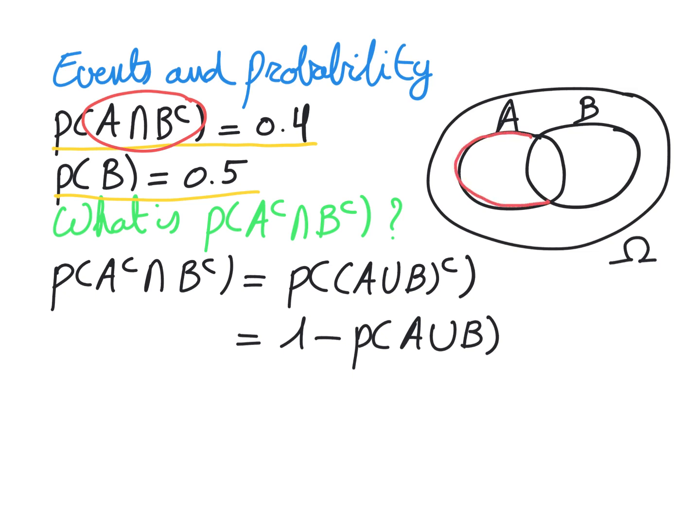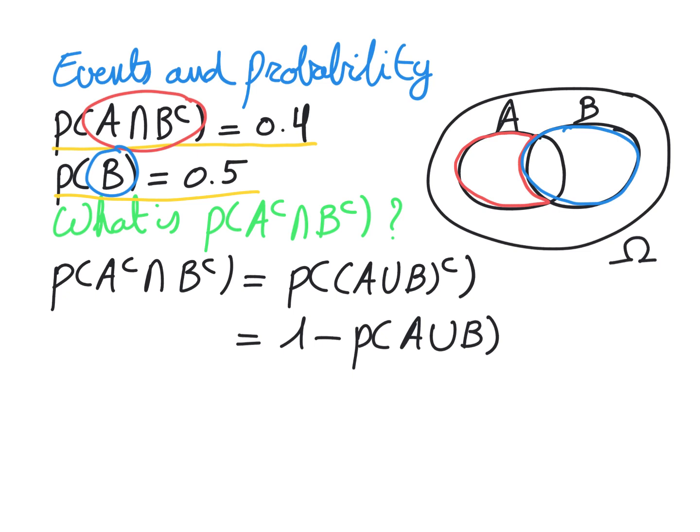It's exactly this part right here. All outcomes that are in A, but not in B. Then we have the event B itself. Well, that's clear. That's the one over here. And this event has a probability of 0.5.